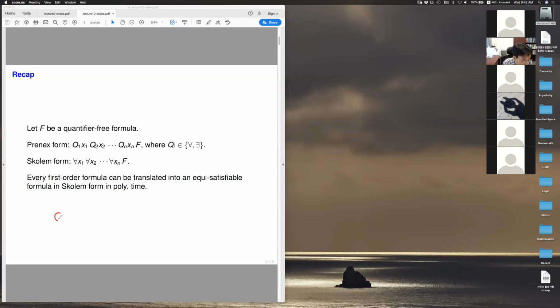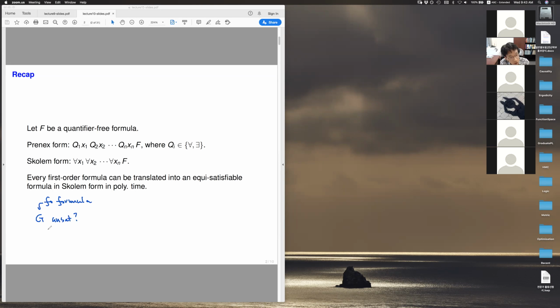So suppose I have a formula G, and we are interested in the unsatisfiability of the formula G. This is just some first-order logic formula.